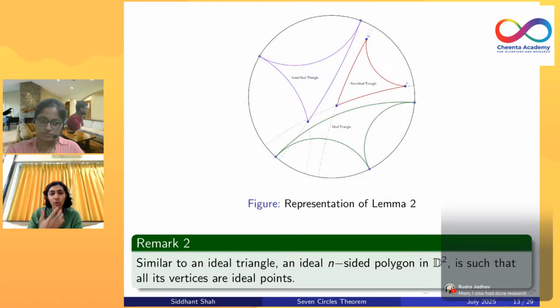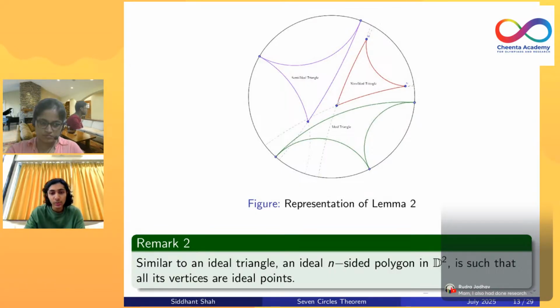Now there is also something known as a semi-ideal triangle, where there are 2 points which are touching the infinity or the boundary, which are present at the unit circle, and there is one point which is completely inside the space. And we also have a non-ideal triangle which has all the points inside the hyperbolic space or inside the unit circle.